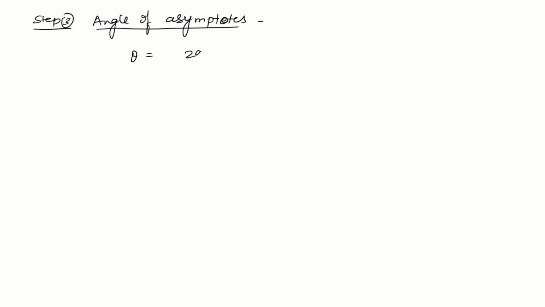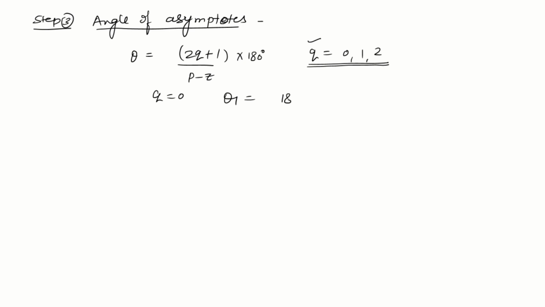Theta is equal to (2q plus 1) divided by (p minus z) into 180 degree, and q will be 0, 1 and 2, since there will be only 3 asymptotes, since there are 3 branches which terminate at infinity. So value of q will be from 0 to 2. Now for q equals 0, we get theta 1 equal to 180 divided by (p minus z). Since p minus z for this problem is 3, this will be 180 divided by 3, so this will be 60 degree.